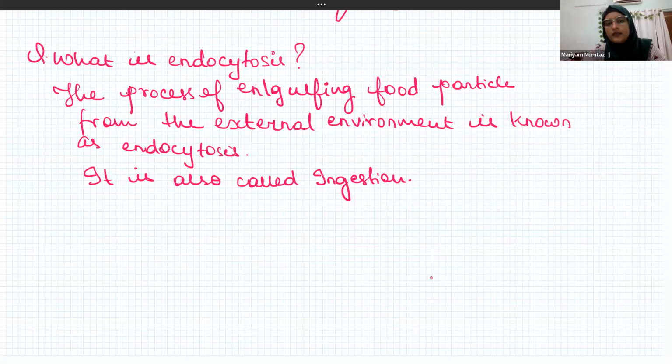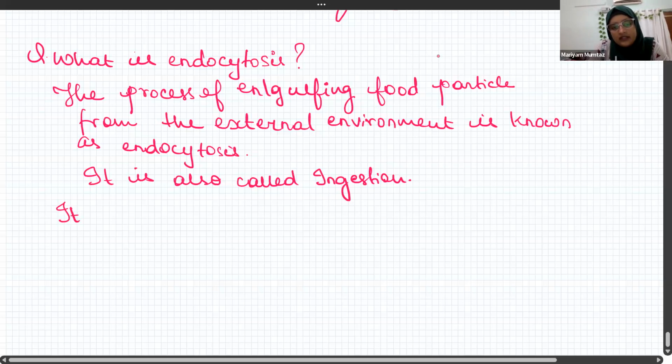Is this clear? This process of endocytosis takes place in which organism? Amoeba. You can write it down: it takes place in amoeba.